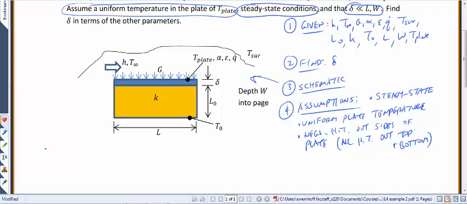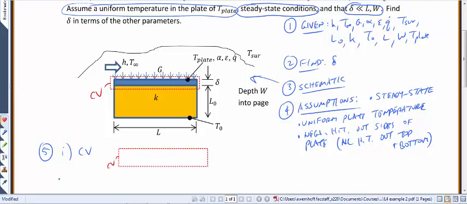So moving on to part 5, we first draw our CV. Our CV is going to be around the plate itself. And because there's a lot of activity within the diagram we have here, we're going to redraw the CV down here just for purposes of being able to show which way our heat is flowing.